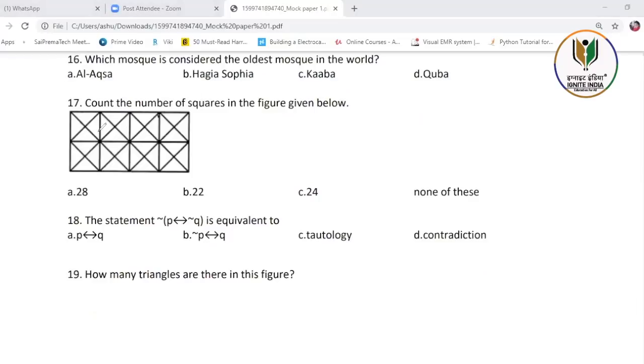Now, you know there is a trick to this. Okay, ignore the cross lines. This square. Okay, in this there are 5 squares. 1, 2, 3, 4, and the whole square. Okay. Similarly, in this square also there are 5.